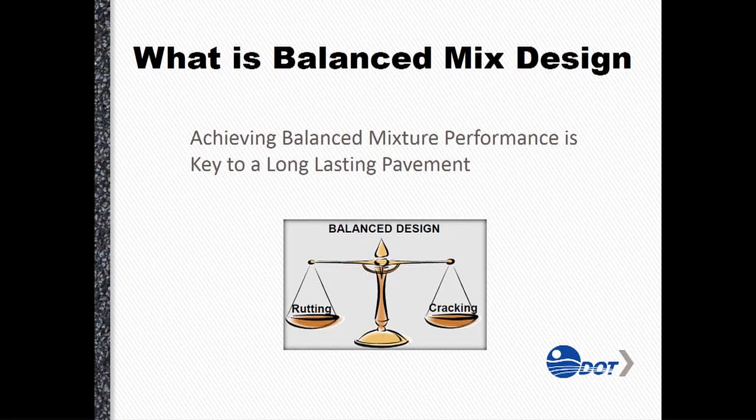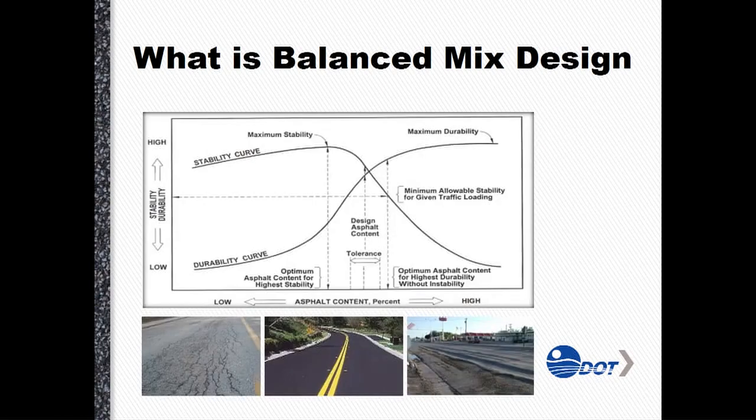What are we trying to balance? We want to balance that fine line between cracking and rutting. Those are probably the two biggest issues that we have in the state of Oklahoma, cracking and rutting. So how do we fix that? We know that on the left, if we go to the stability and get the best mix out there, it doesn't necessarily address the cracking.